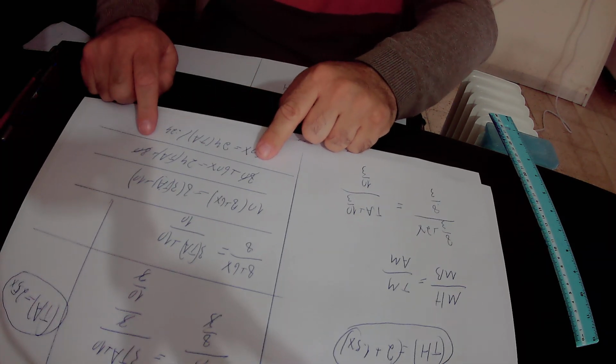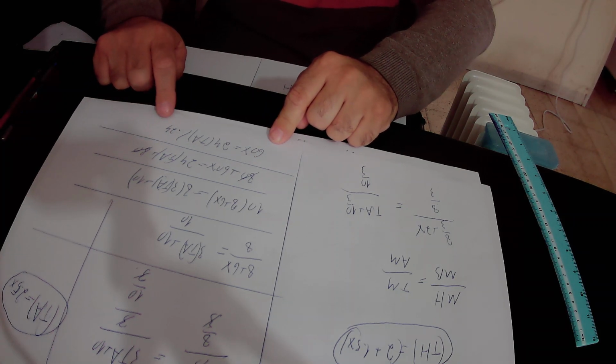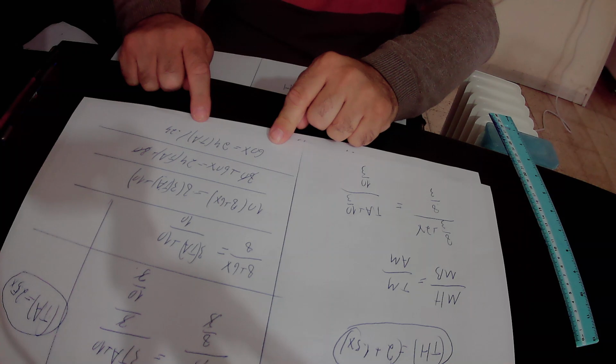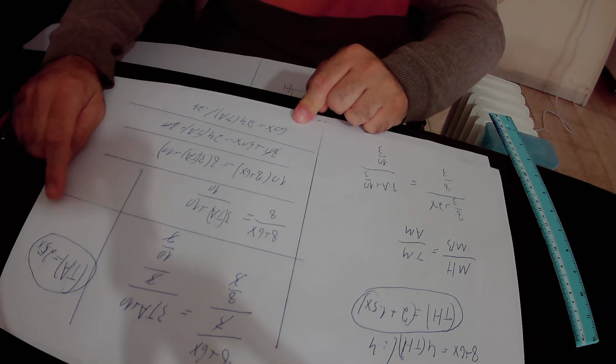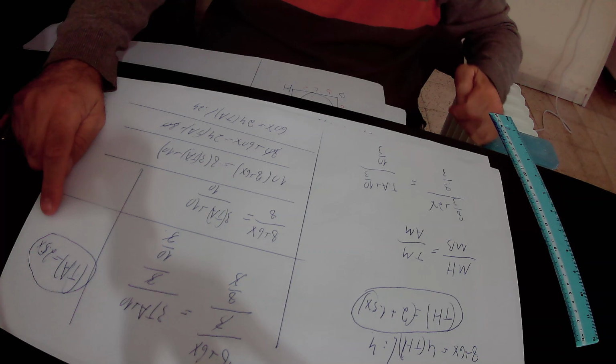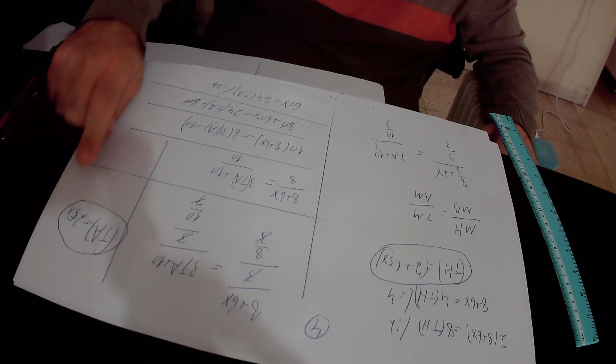We have 80 on both sides, so 80 will get cancelled. Finally we found out that 60x equals 24TA. We divided by 24 and found that TA equals 60x over 24, which is 2.5x. So the length of line segment TA equals 2.5x.